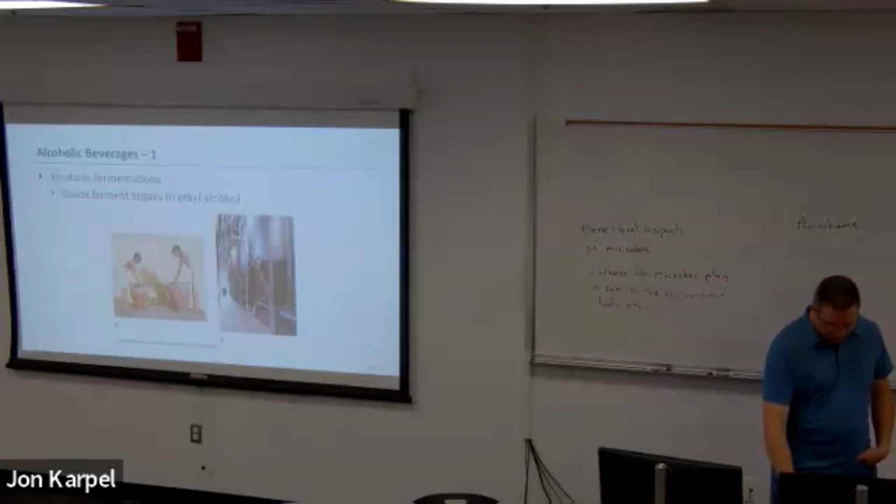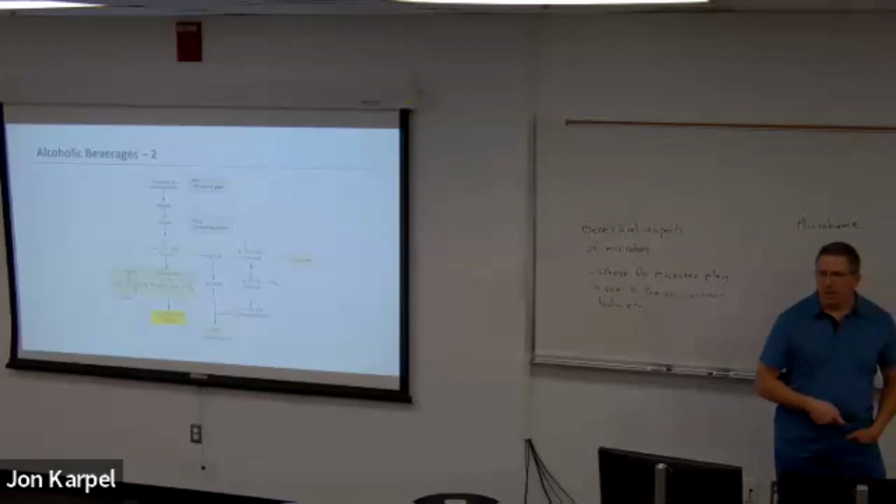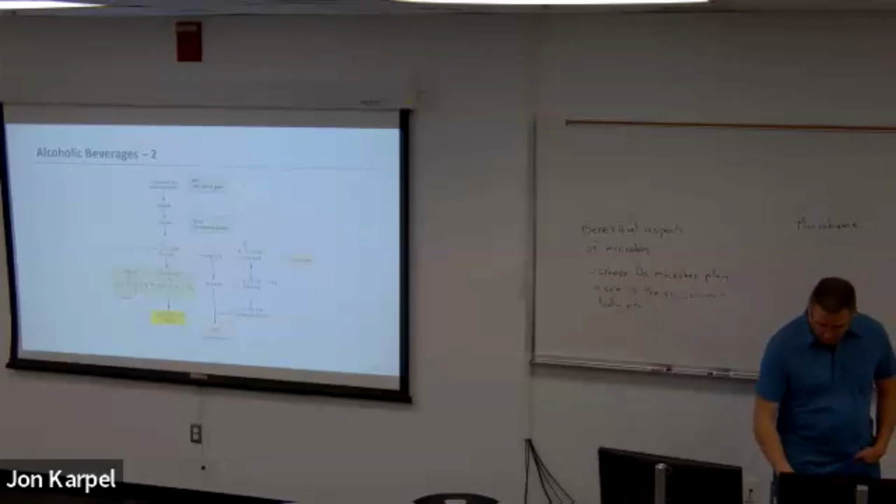I mentioned alcoholic fermentation. That's one of the types of fermentation that you should be familiar with. It's done by yeast, produces a lot of alcohol, but also can produce a lot of amino acids as well. So there are a lot of other desirable substances there, okay?